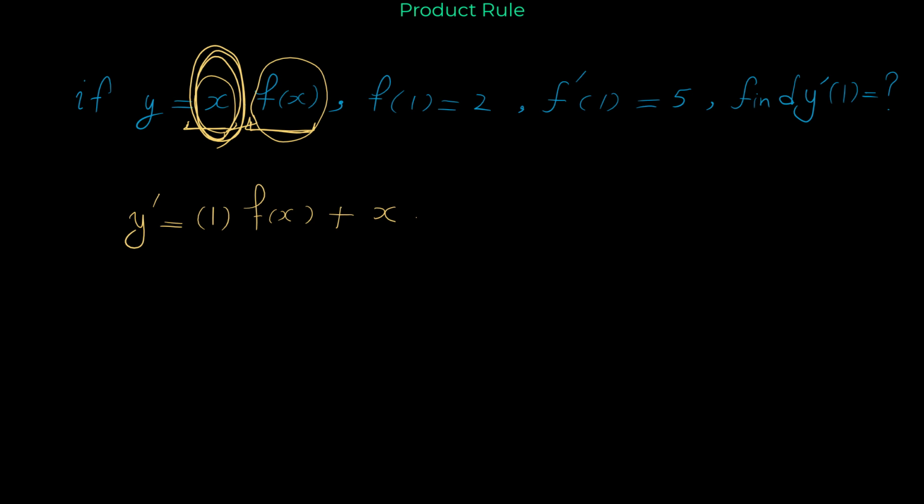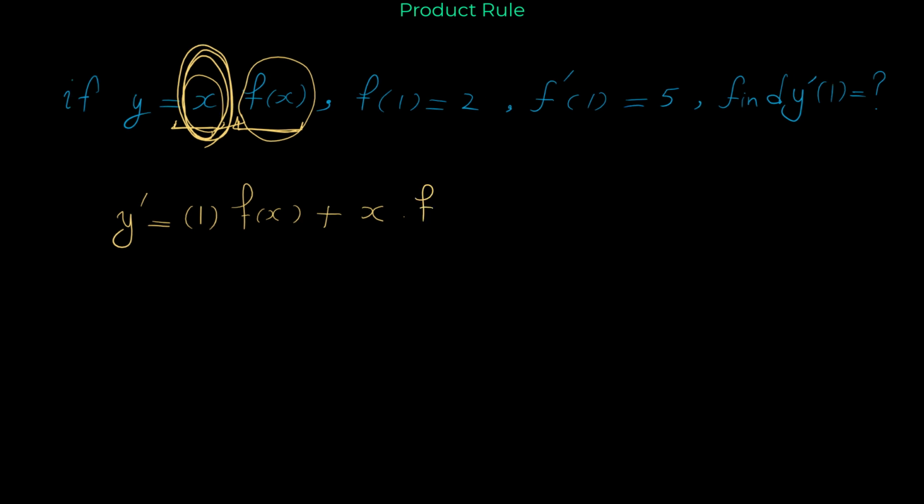But what is the second function? f of x. What is the derivative of f of x? f prime of x. When we have an unknown function like f, g, and we want to find the derivative of them, because we don't have any formula for them, we just put a prime on top of them, which means that this is the derivative of those functions.